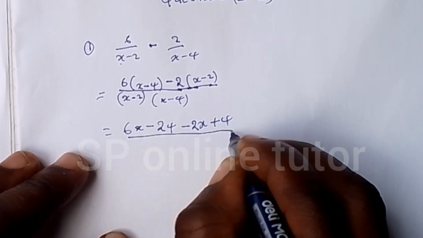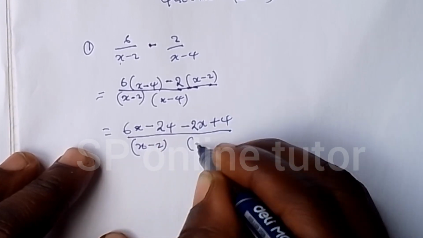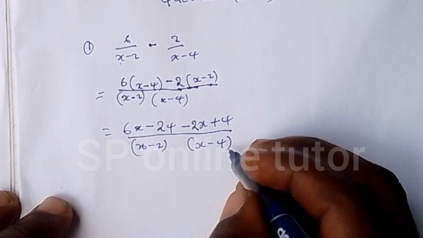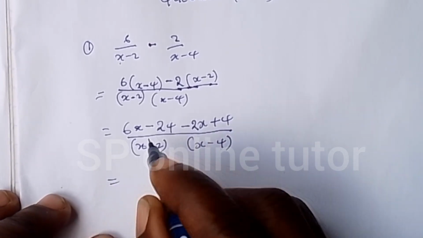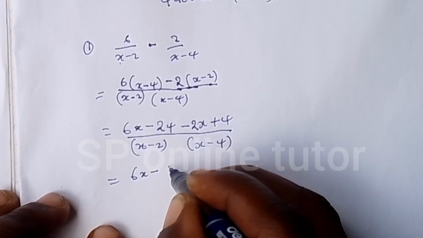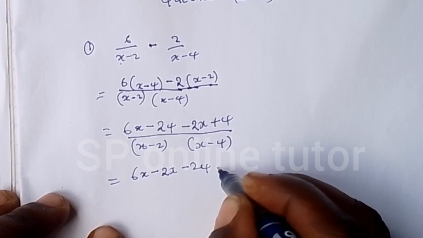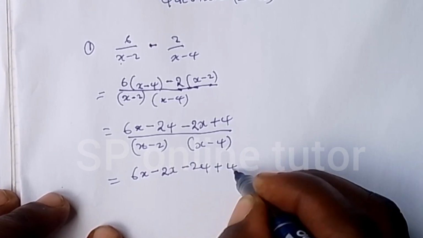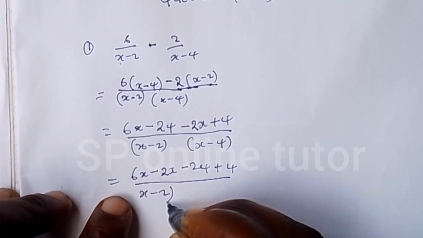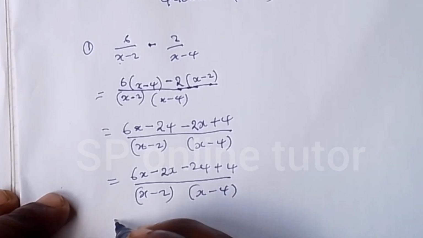Then you write down all these terms which we have, x minus 2, x minus 4, okay? Then here now we are going to collect the like terms. So we're going to say 6x minus 2x. Then here we have minus 24 plus 4, okay? Then you write down these terms here, x minus 2 in the bracket, then x minus 4 in the bracket, okay?